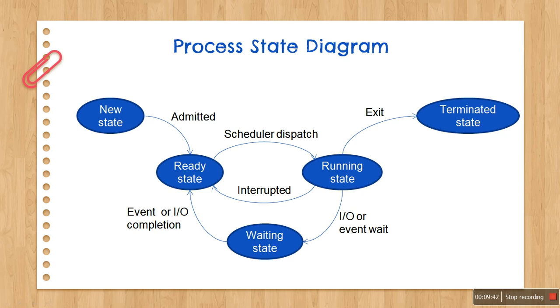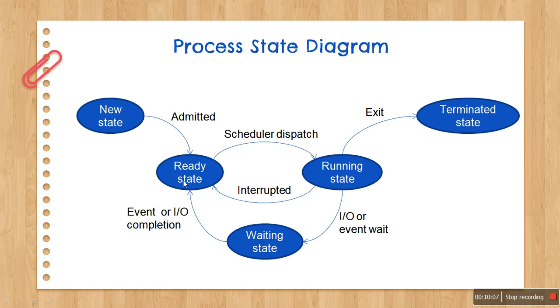Maybe it is an interactive process, or a cooperating process, or needs some communication from some other process, then it will have to wait for that event to occur. And when this is happening, it moves itself to the waiting state from the running state. So the process is waiting until some event occurs, such as completion of an input output operation, and then when it completes, it again goes back to the ready state.